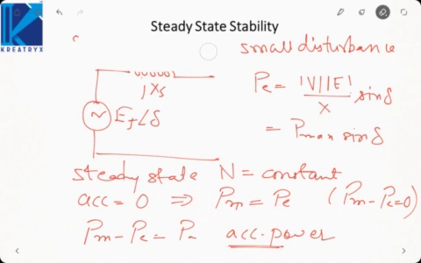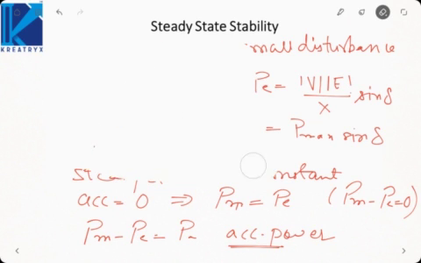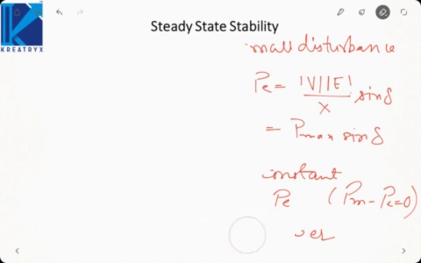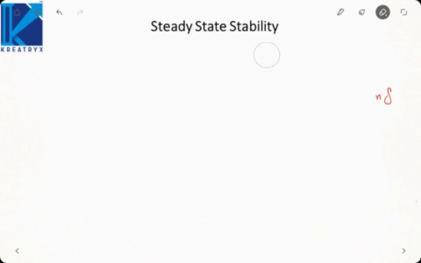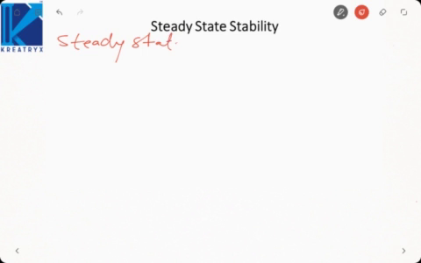Now suppose initially the machine was operating in steady state, before the application of a small disturbance. Then Pm will be equal to Pe0, let us say, which is equal to Pmax sin delta naught.